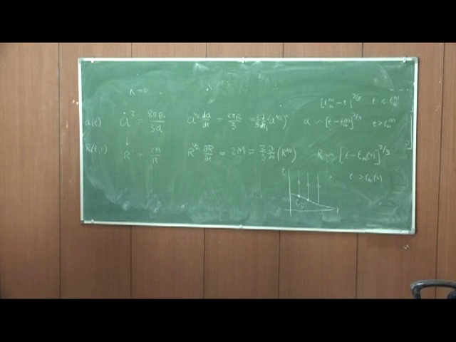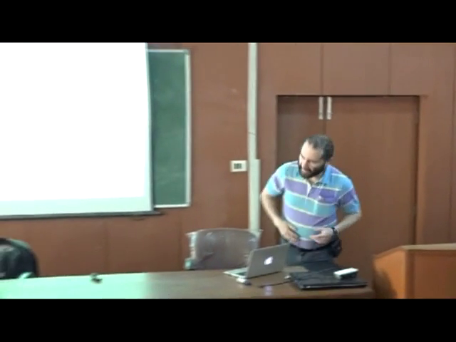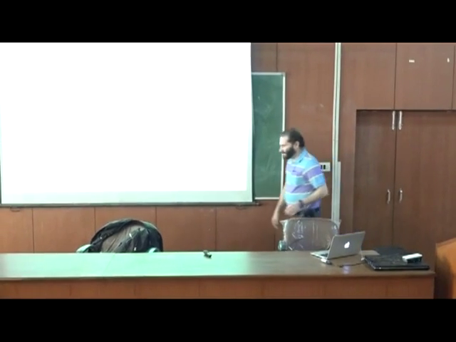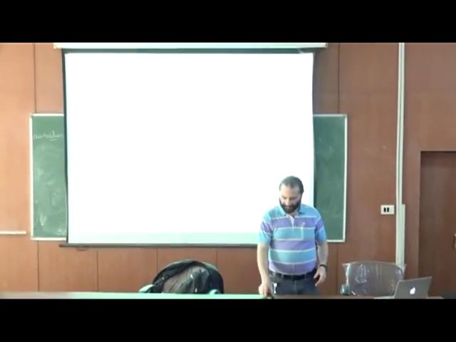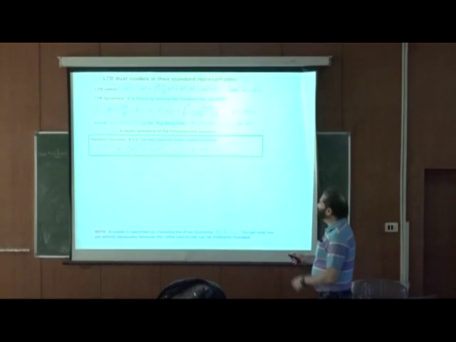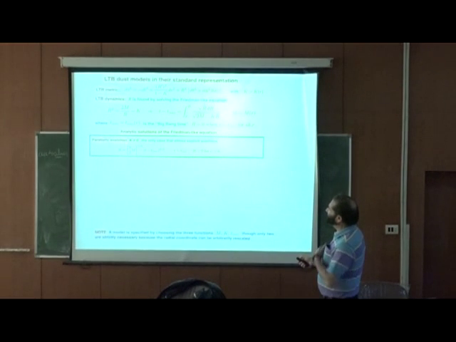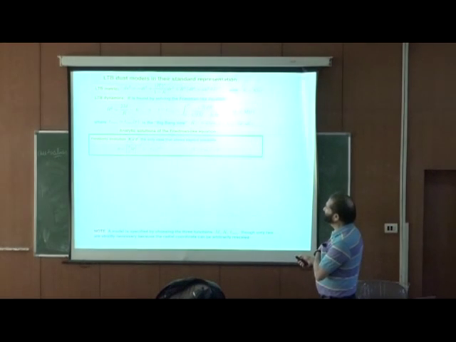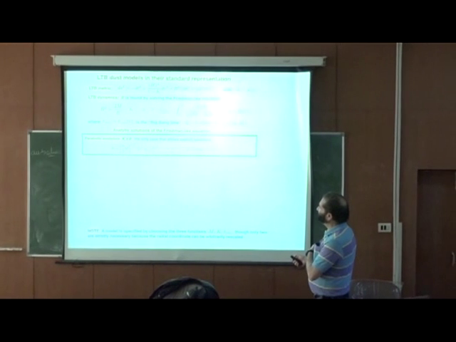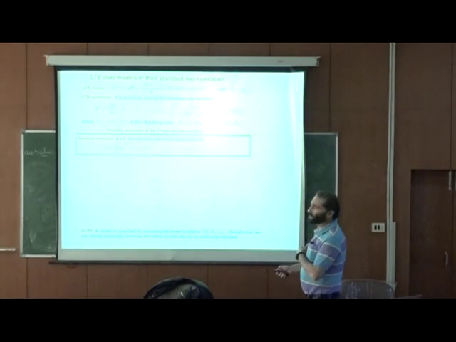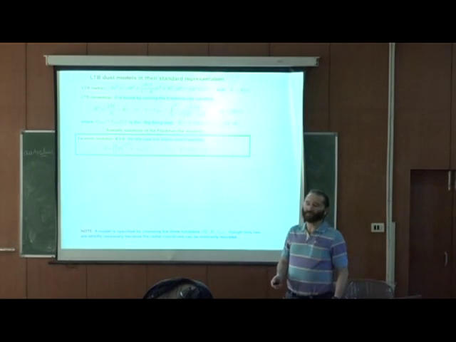Now, this is a very simple case. Whenever we have k equals 0, this is the parabolic evolution, and it's very similar to spatially flat FLRW.